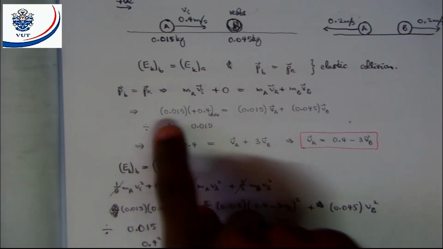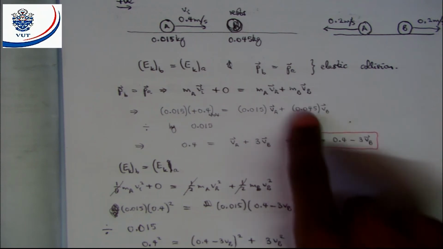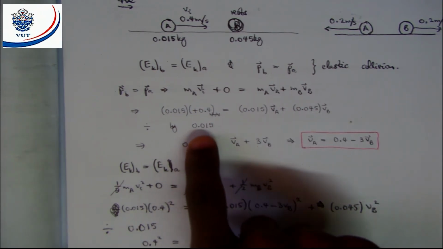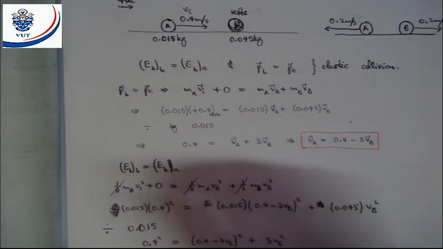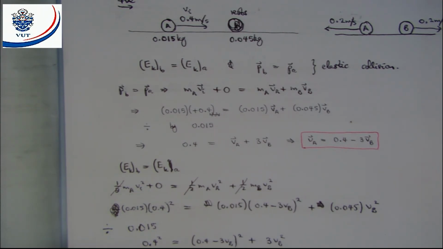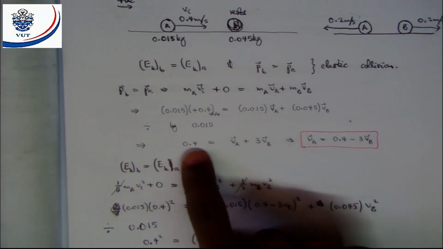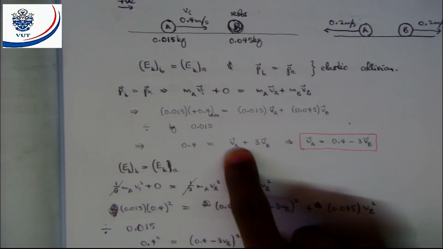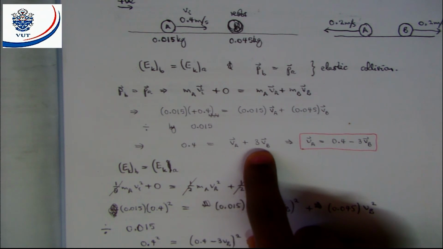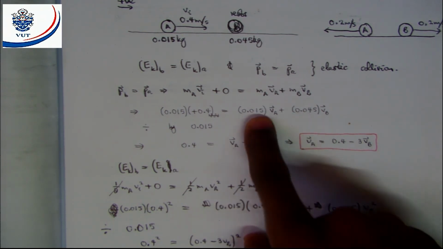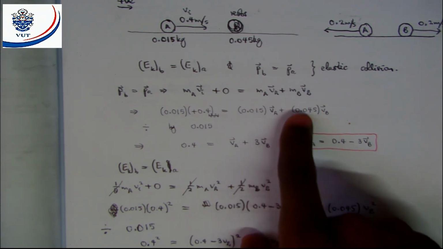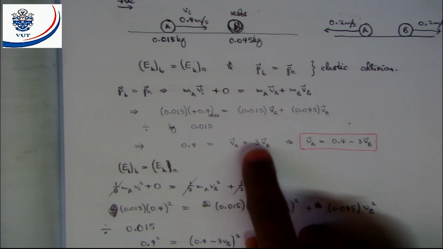Here you can see there's a common 0.015, so I just divide by 0.015 because it's a small number and it can be irritating working with them. I'll be left with 0.4 equals VA plus 3 VB, because 0.045 divided by 0.015 gives 3.